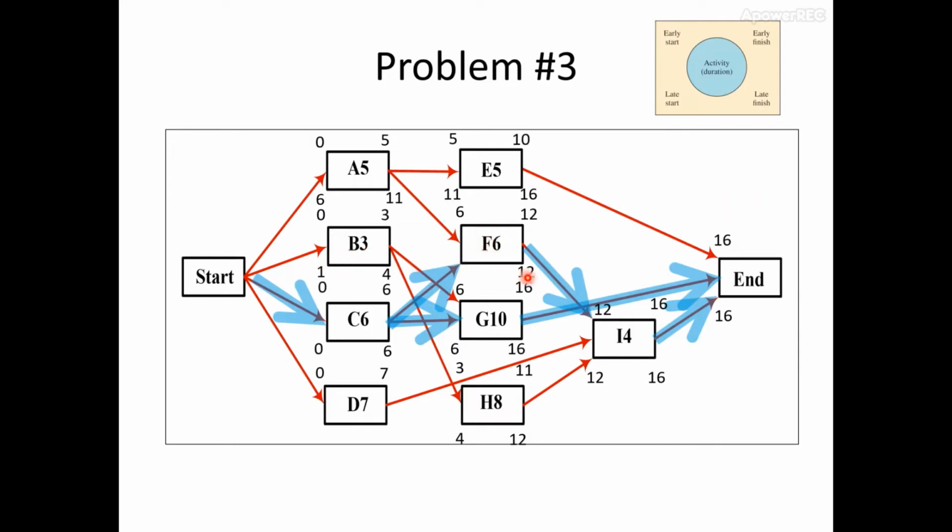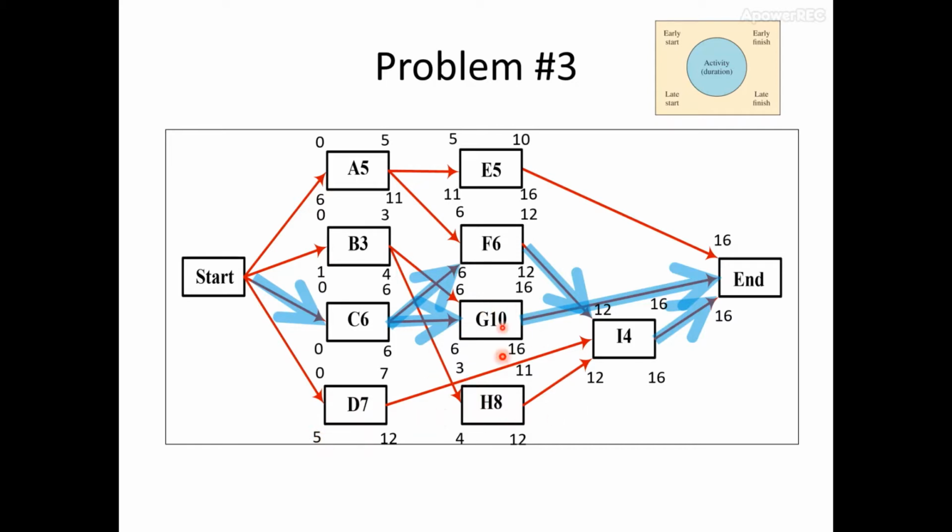For activity F, late finish is 12, and 12 minus 6 is 6. For activity D, late finish is 12, since it's placed right before activity I. Late start for activity D is 12 minus 7, which is equal to 5.